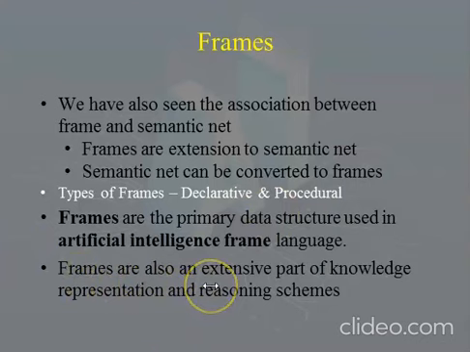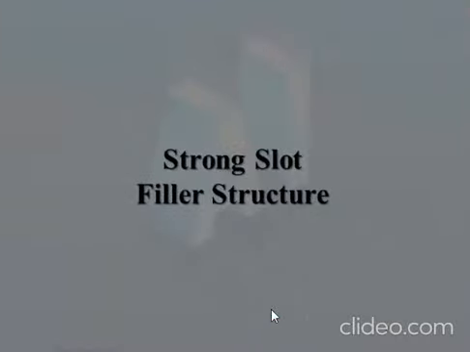Frames are also an extensive part of knowledge representation and reasoning schemes. So in whatever form we use semantic net, that form can also be used in frames. So for reasoning purposes and natural language processing, we can use frames.